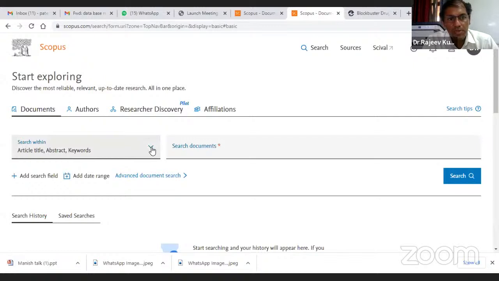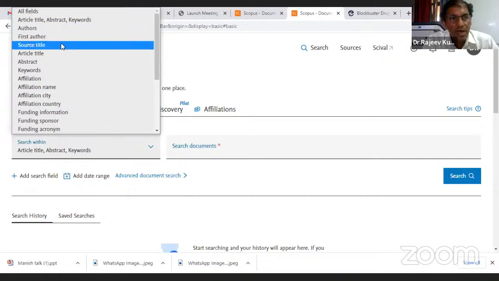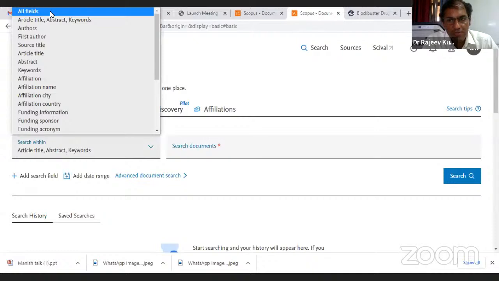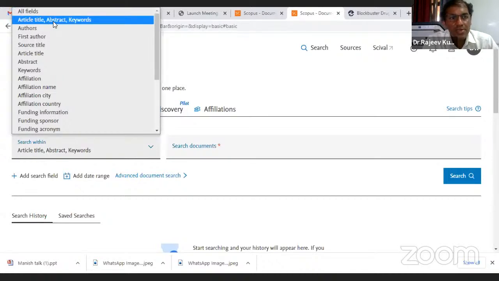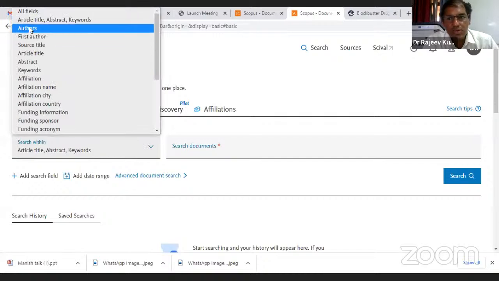In the document search field, you can see there are many options available under the search field. All fields means full text search, which will include title, abstract, introduction, keywords, even the references. Another field is title, abstract, and keywords, which will restrict your search to those. You can restrict your search to authors also, if you want to search for a particular author.